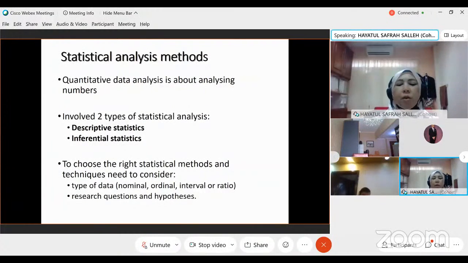Whether it's nominal, ordinal, interval, or ratio. All this is there in the SPSS menu, so you can use it. It's also based on your research questions and your hypothesis.